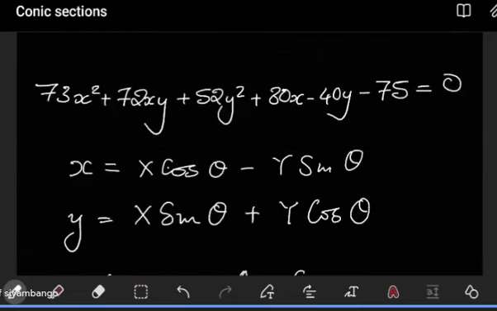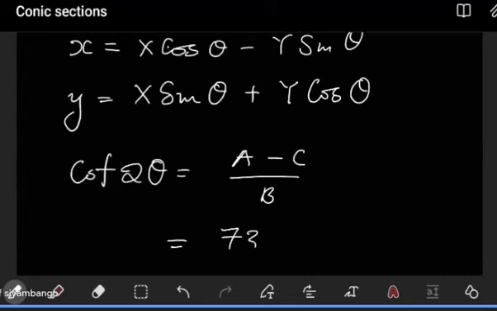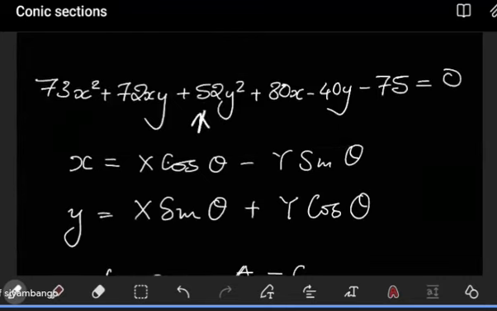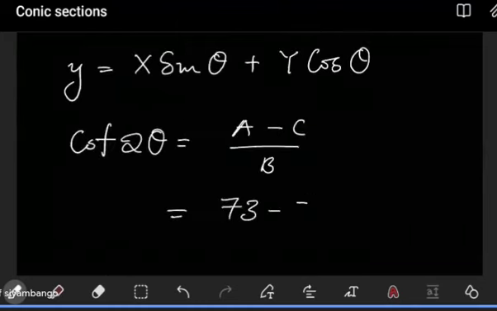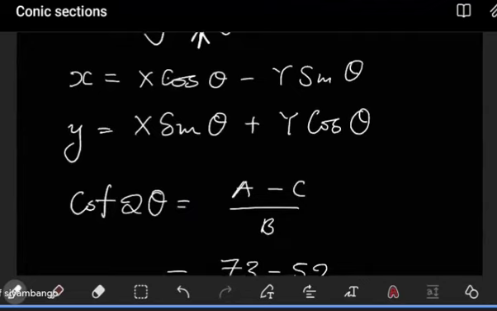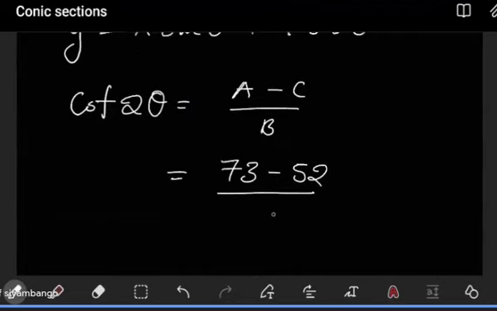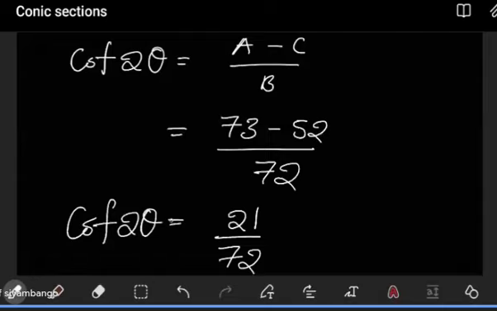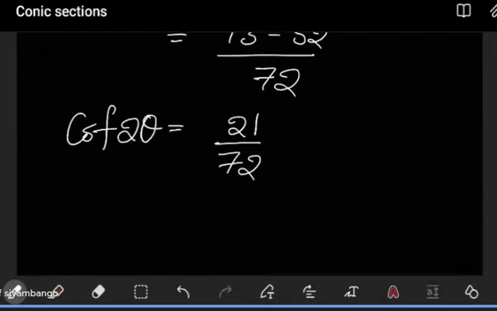Our A is 73. What is C? Our C is 52. And our B is 72. From here, what will be the difference on top? I think that is going to be a 21.